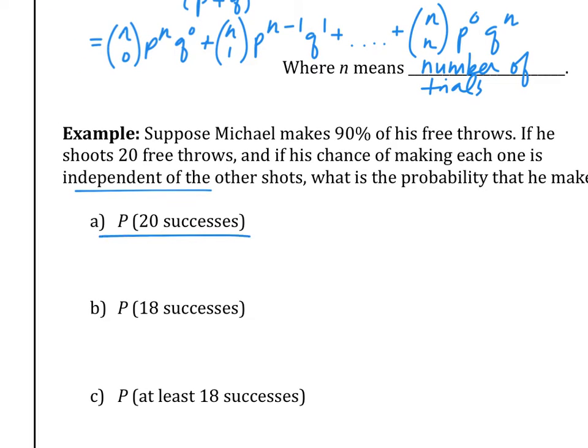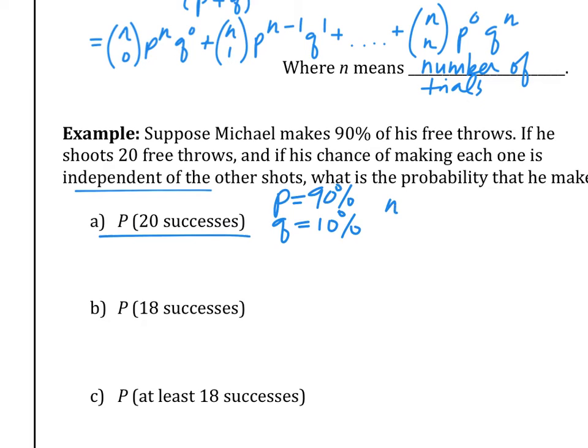What is the probability that he makes A, 20 successes? All right, let's think about P and Q first. P means make it in, Q means fail. So P is going to be 90%, and Q is 10%. And P and Q obviously have to add up to 1. So what's the chance that you get 20 shots in?